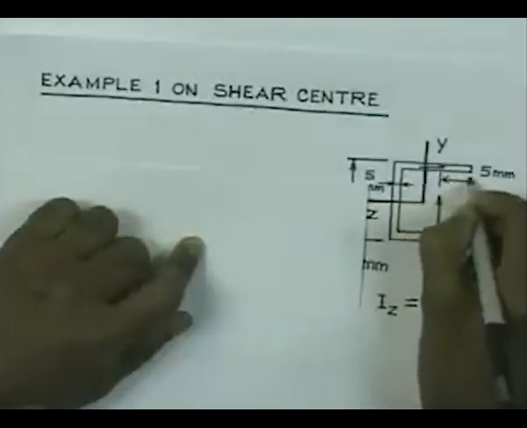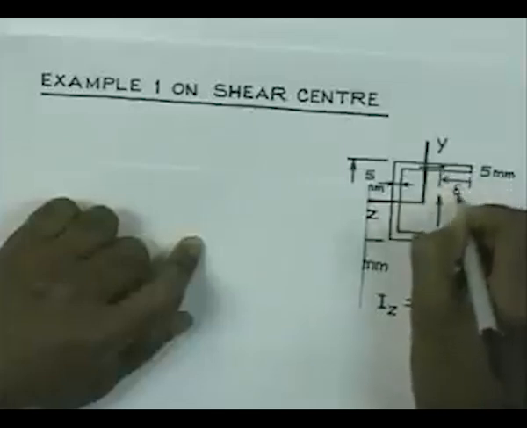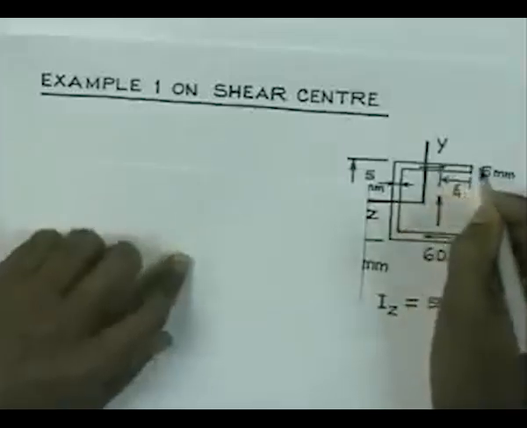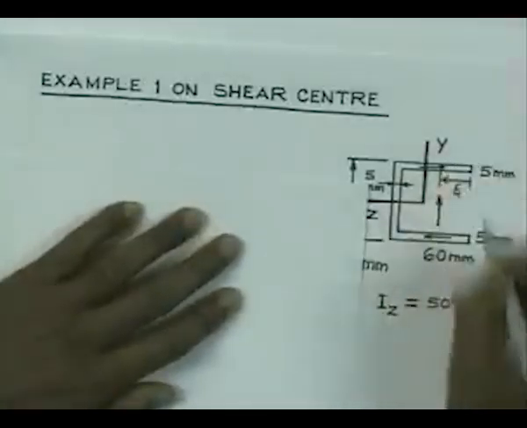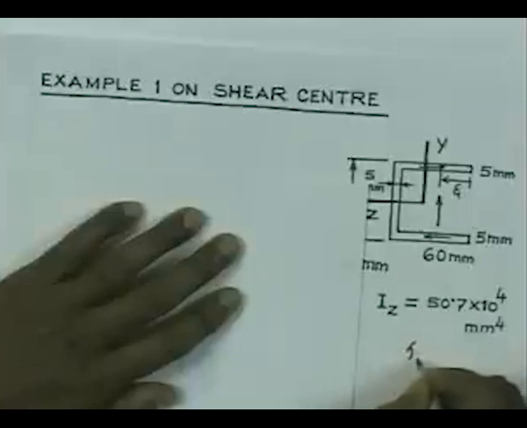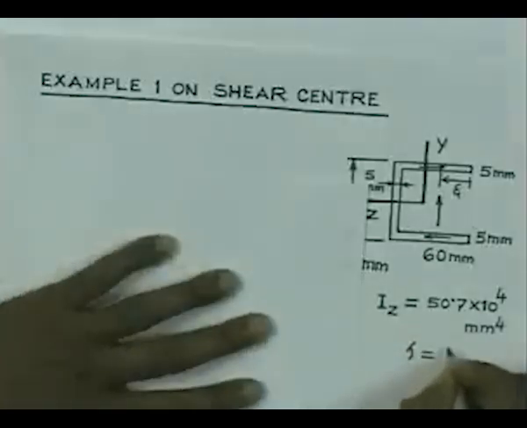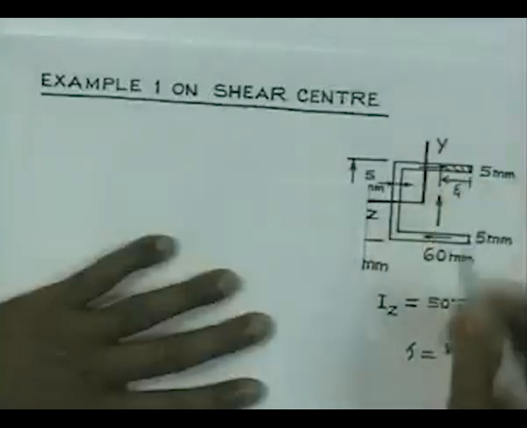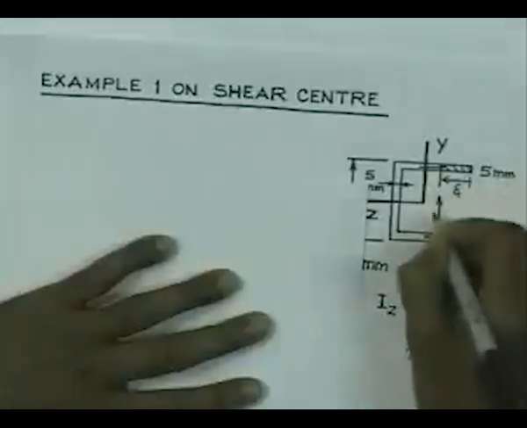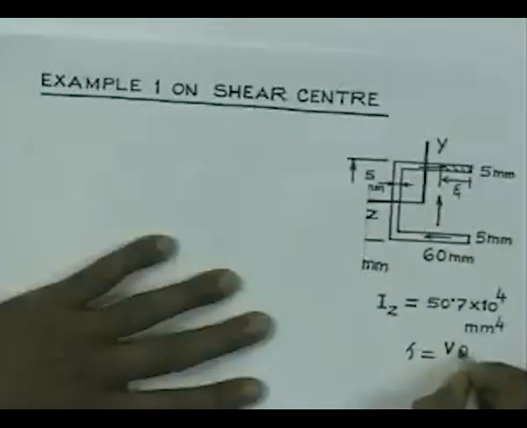To calculate the shear force acting on this arm, let us consider a point at a distance of xi from this edge. You remember that the shear stress at this point is given by tau equals V, the shear force, multiplied by Q, the first moment of this hatched area about the neutral axis, divided by thickness into Iz.